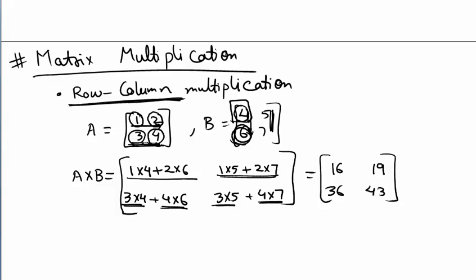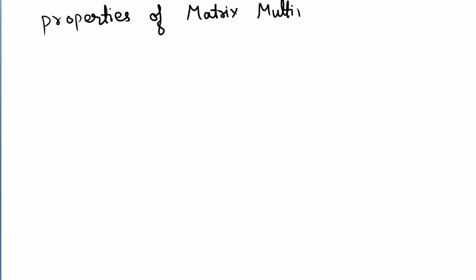So this is A into B. That is how we multiply matrices with the row column method, right? Now let us talk about the properties of matrix multiplication. This is a very important thing to understand.